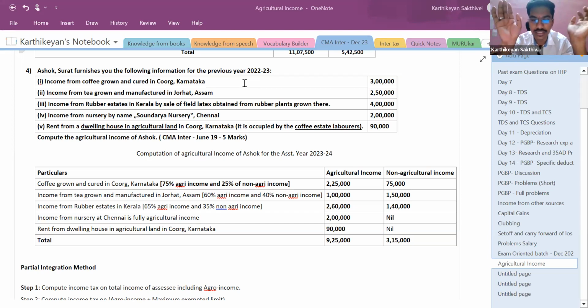So 0 to 2.5 lakhs, there is no tax. 2.5 to 5, it is 5%. 5 to 10, it is 20%.